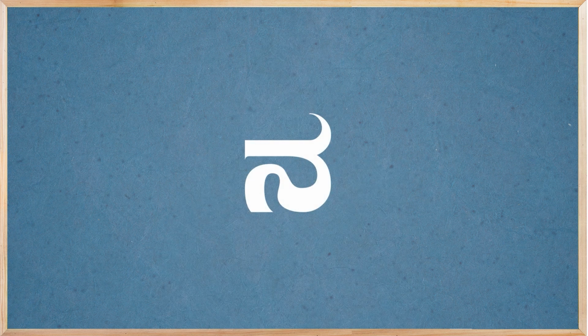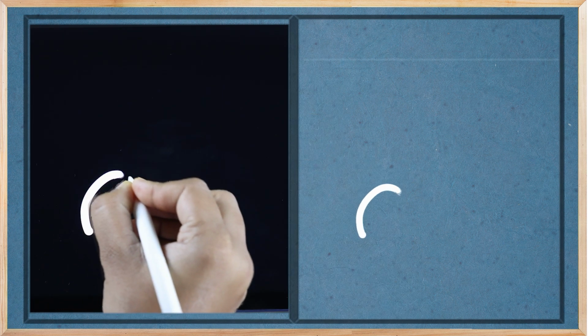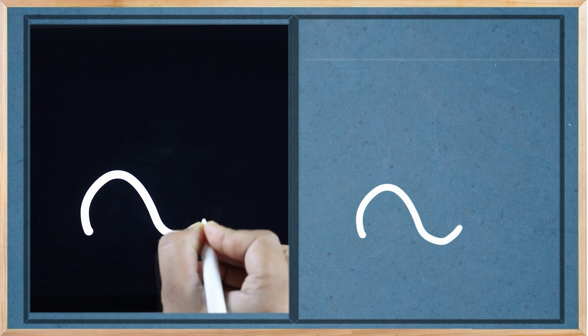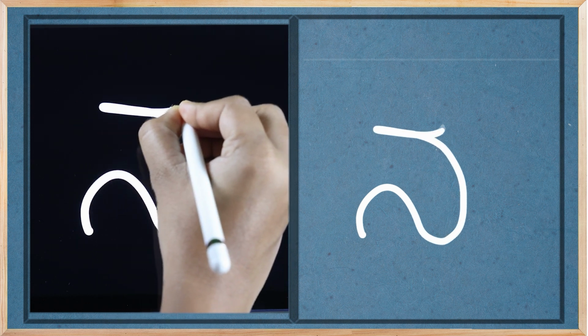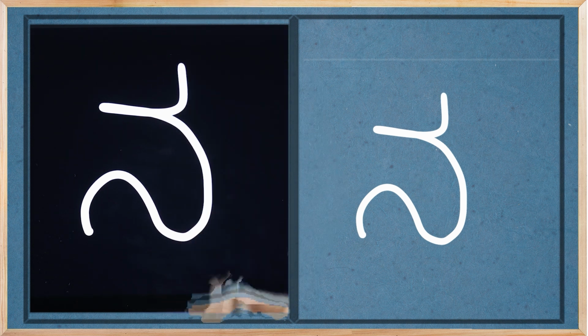Here's a pro tip for you. Observe how the letter Ga is formed. Focus on the fluid motion of your hand as you move from one stroke to the next. For the letter Na, start by writing an inverted semicircle, much like the one, but this time continue the semicircle upwards and add a curve to the top, finishing with the Talekattu.